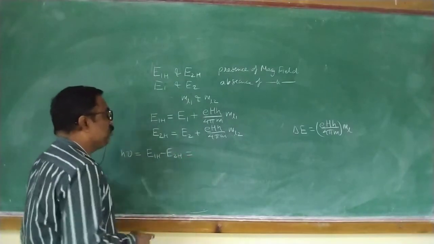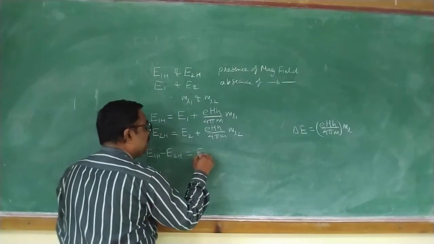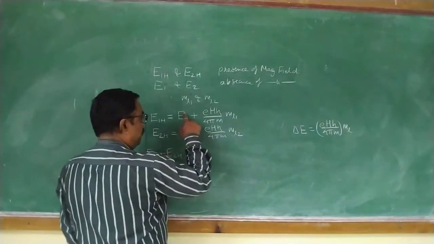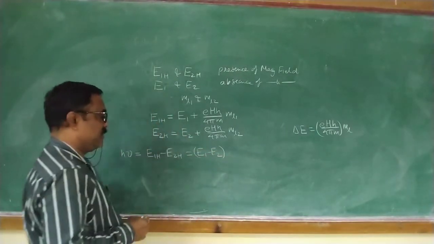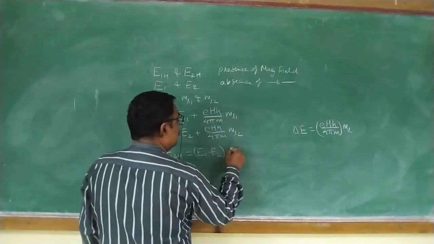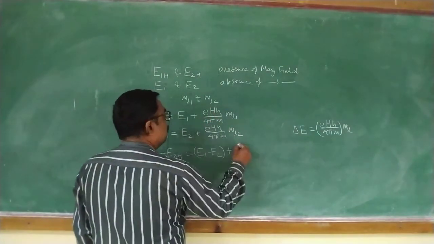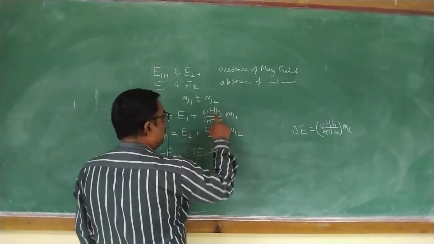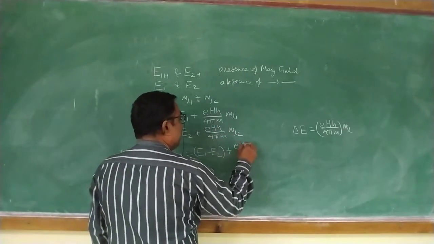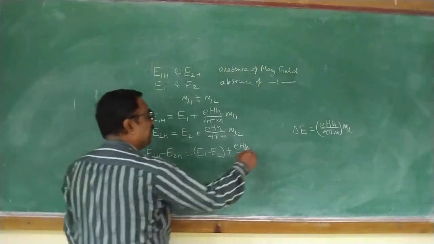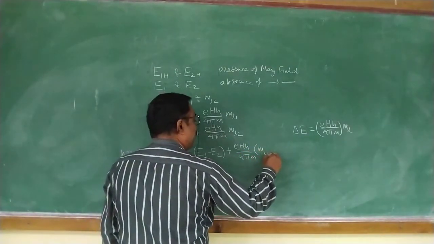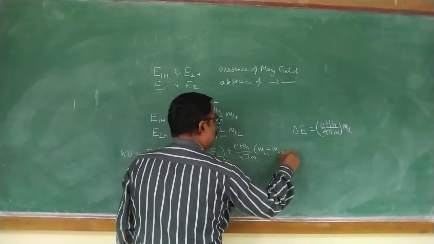That is equal to the difference between the two, E1 minus E2, plus EH divided by 4 pi m, that is the common term, with ML1 minus ML2 in brackets.